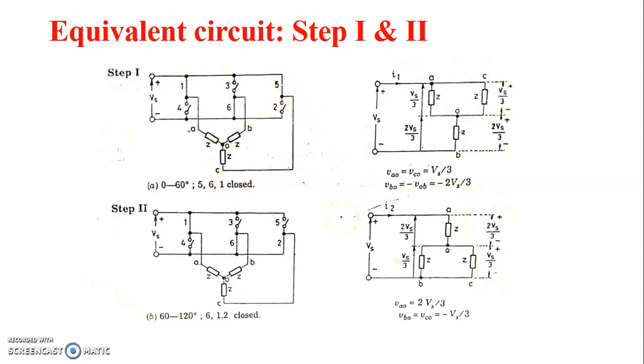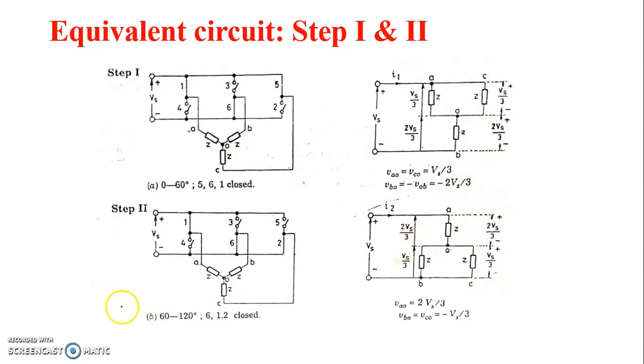The magnitude of line and neutral voltages can be obtained using a formula: VC0 is equal to Vs by 3. This can be obtained by using the voltage division rule. Similarly, VB0 is equal to minus VOB, equal to minus 2Vs by 3.